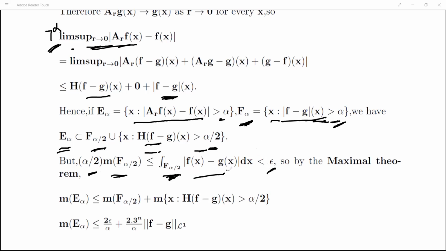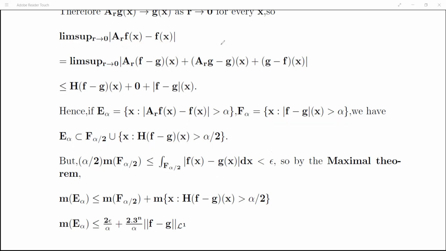We approximated F by a continuous function G, so that the L1 norm of F minus G was less than epsilon. So from that it follows that alpha by 2 times the measure of F alpha by 2 is bounded by epsilon. So you have estimated the first part: the measure of this set will be bounded by 2 epsilon by alpha.